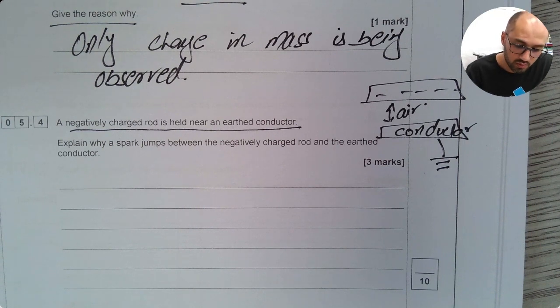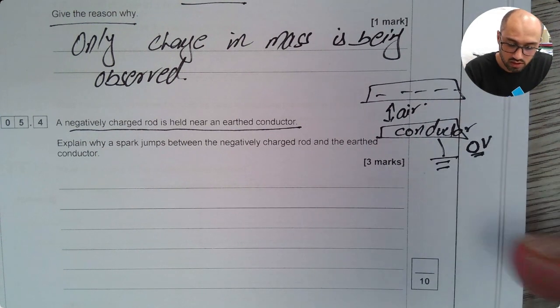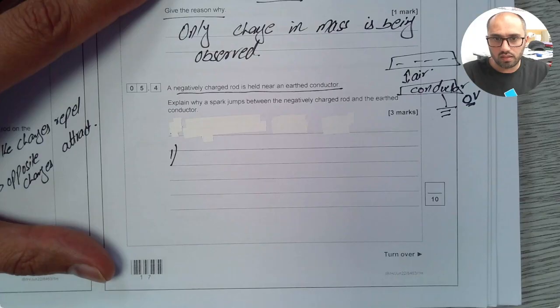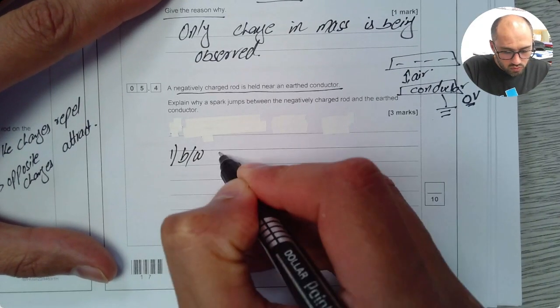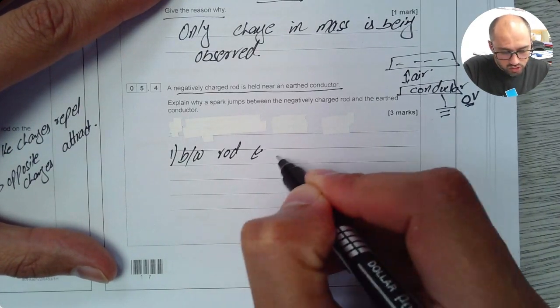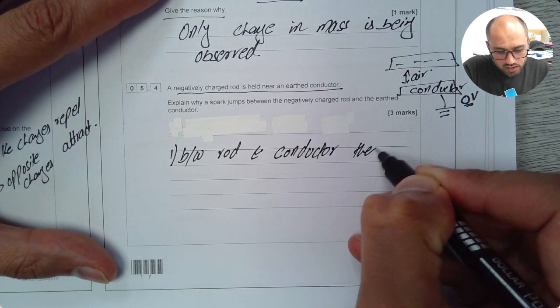Explain why a spark jumps between the negatively charged rod and the earth conductor. Now you have to remember, earth conductor, this means it is at 0 volt. This is not at 0 volt. In this case, I can say between rod and conductor there is large potential difference.